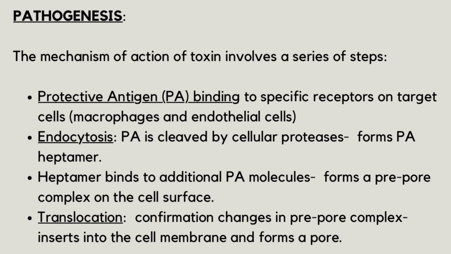Next step is endocytosis. Once the protective antigen is bound to the receptor, it is cleaved by cellular proteases. This results in the formation of the protective antigen heptamer. This heptamer binds to additional protective antigen molecules, thus forming a pre-pore complex on the cell surface.